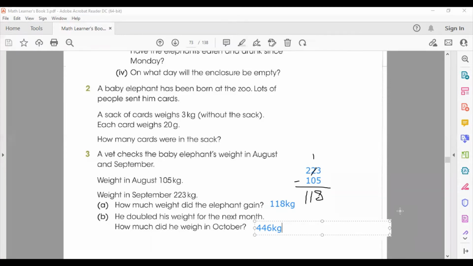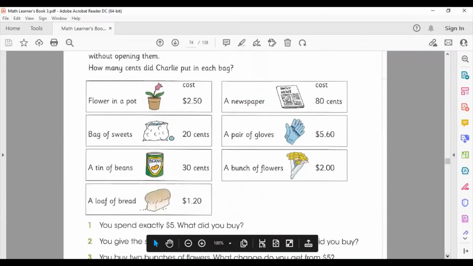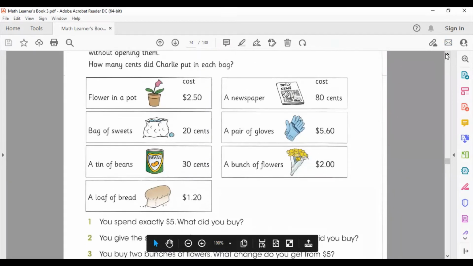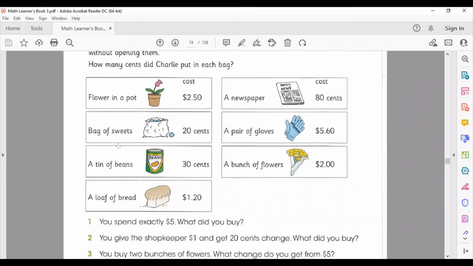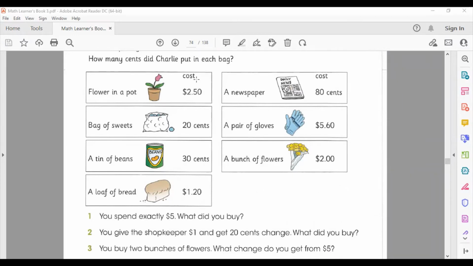The next page. Here are different items, we can say grocery store items. Flour in a pot, the cost $2.50.